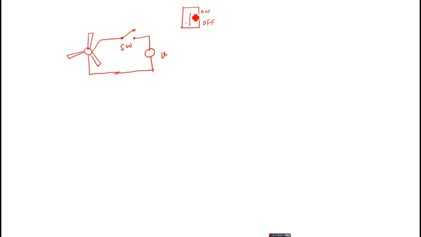Such a thing is considered here. For example, I have said this is the first representation of the switch, with 0. In that case, consider this condition when t equals 0. The meaning of this is that at time t equals 0, when the switch is operated, the switch will be closed.